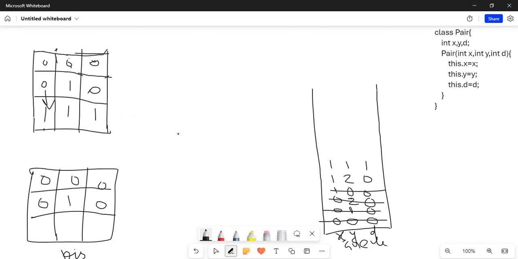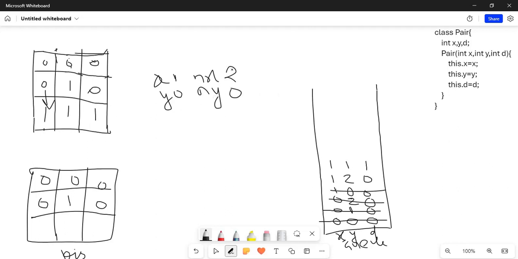Initially x is 1 and y is 0. So for this cell the new x will be 2 and new y will be 0.